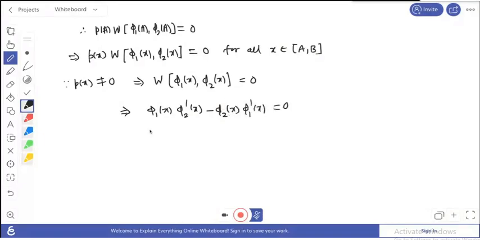Rearranging this term, we find phi 1 prime(x) over phi 1(x) equals phi 2 prime(x) over phi 2(x).